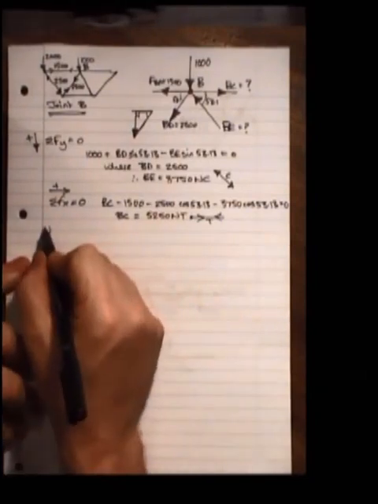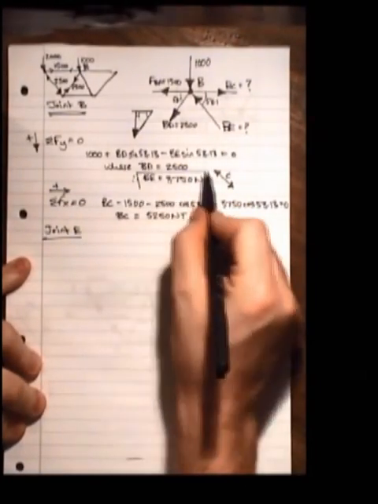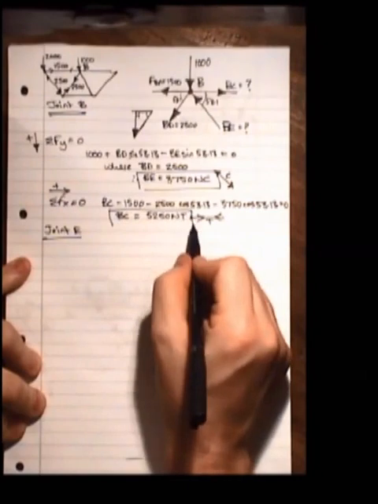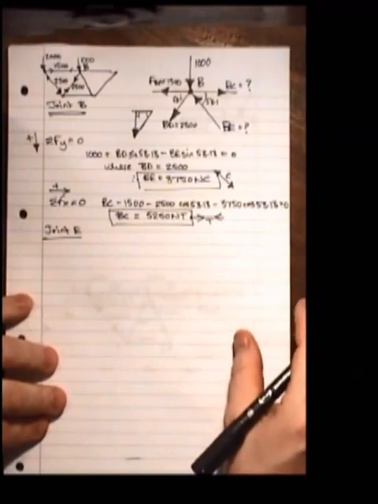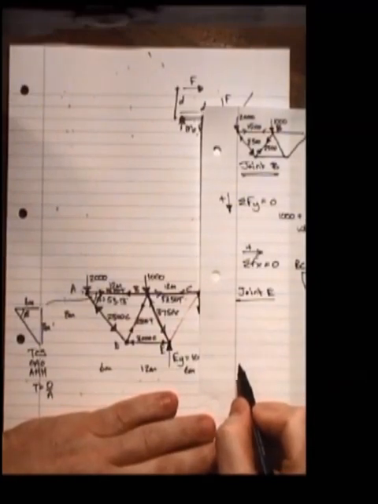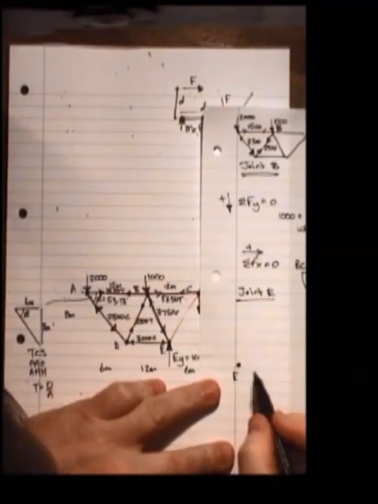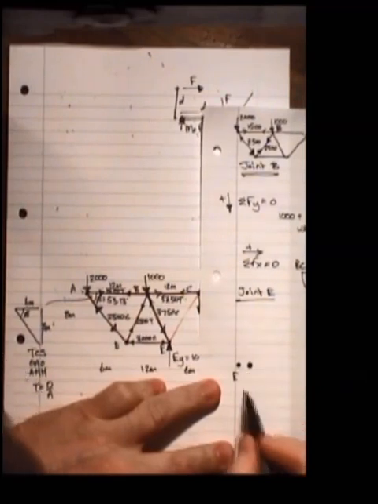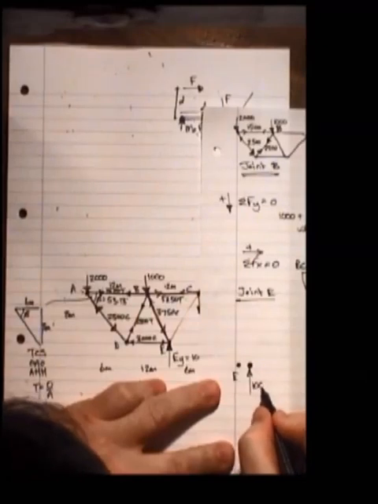So joint E, so we just worked out what BE is, and BC. To draw joint E, let's have a look, see what we have. So we've got joint E, draw that again. Got joint E there. We've got 10,000 on that joint.